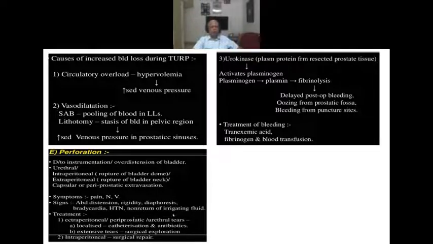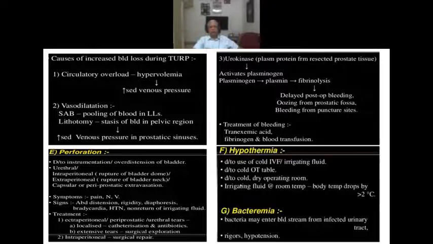Non-return of irrigating fluid is a very important sign to indicate that there is a perforation. Extraperitoneal, if it's localized, may be managed conservatively with catheterization and antibiotics. Intraperitoneal, you have to do a surgical repair. Hypothermia, all the causes have been said. Bacteremia, if there's already existing urinary infection, you have to be very, very watchful.